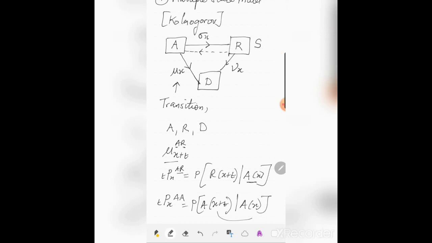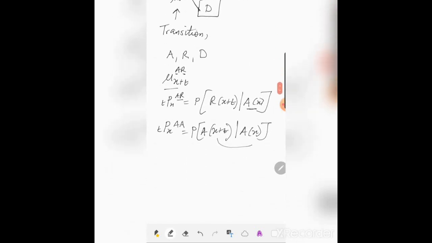So we are talking about the probability that he is in state A at x plus t, given that he is in state A at x, because he can't come back.